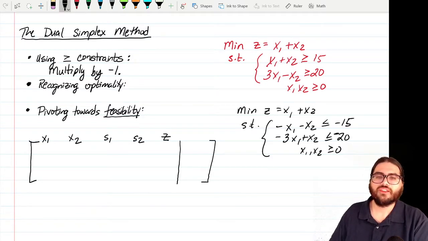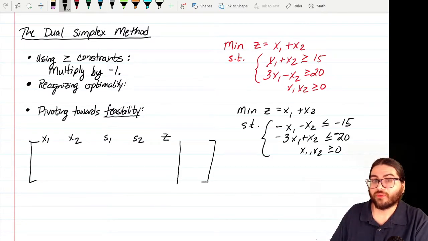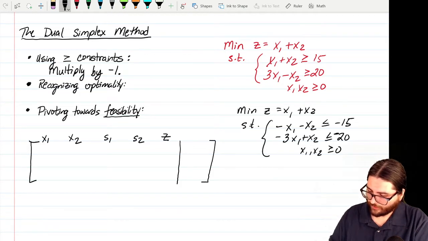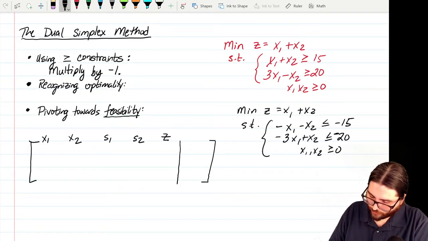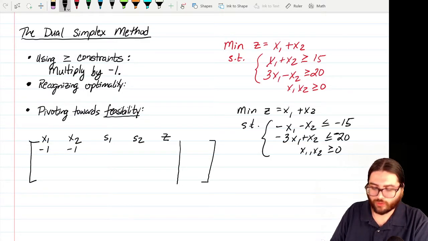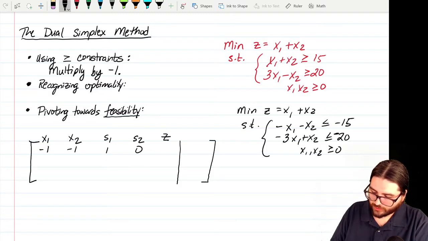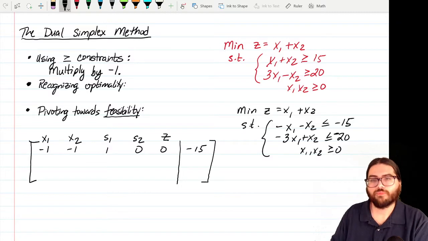This is the system of inequalities I'll put in my simplex matrix now. And I'll add the slack variables to it. And so the first inequality would be -1x1 minus 1x2 plus s1 is less than or equal to -15. That kind of comes straight out of last week's book, right?